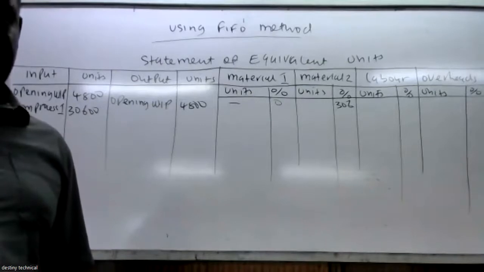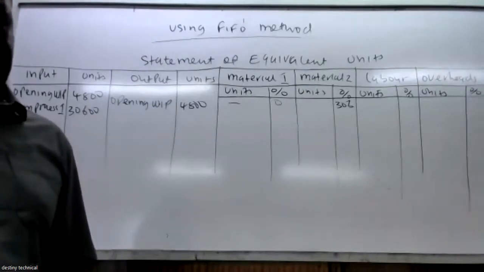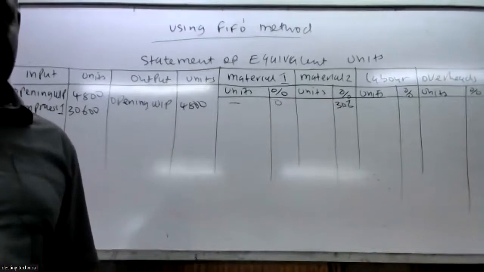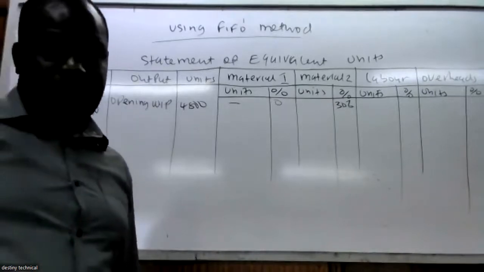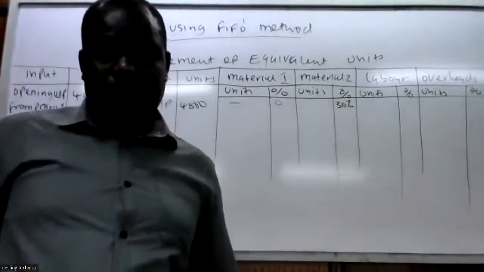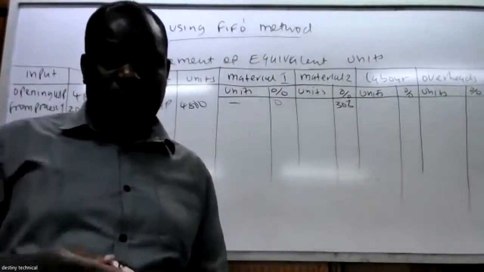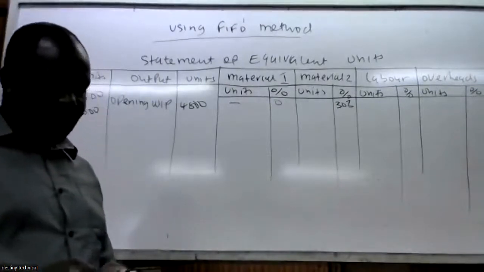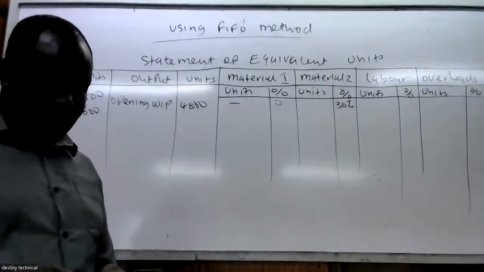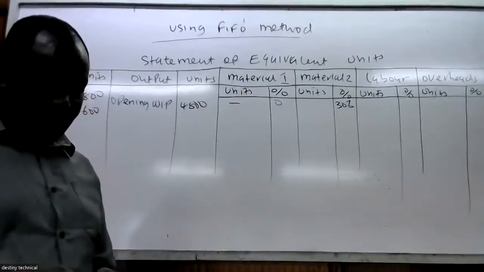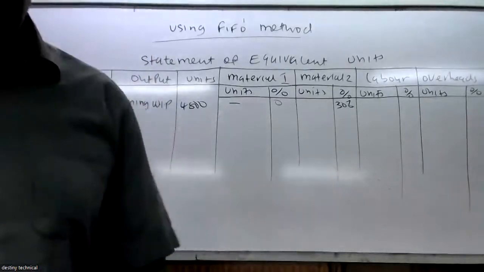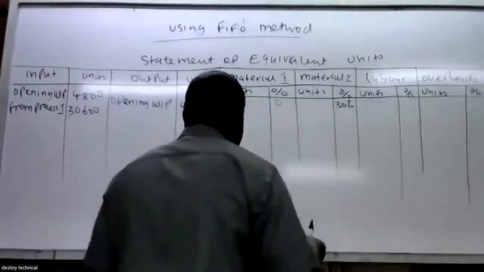Someone to compute and give me the figure. So 30% will give you 1,440.